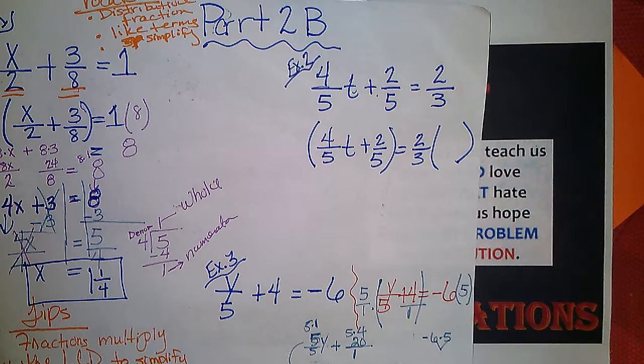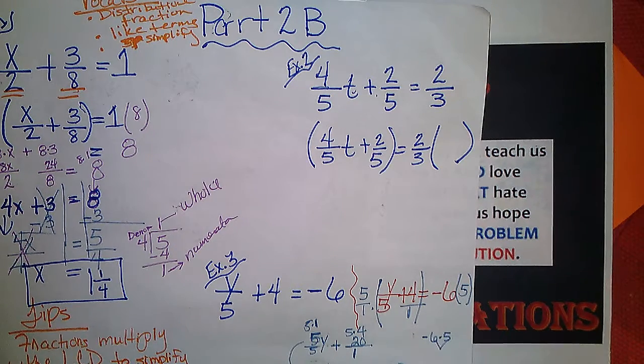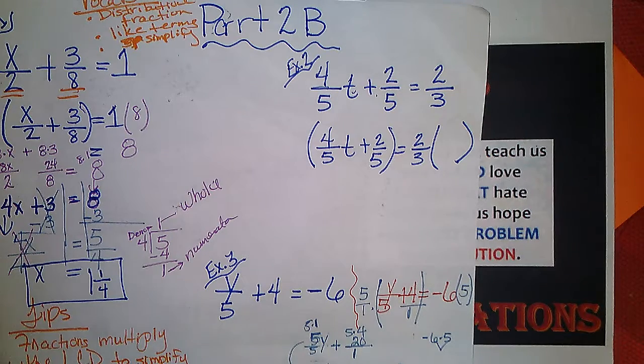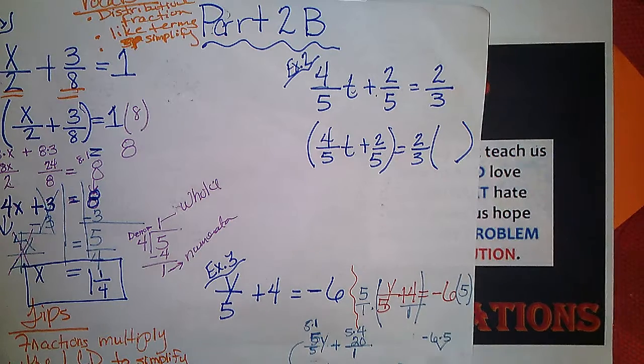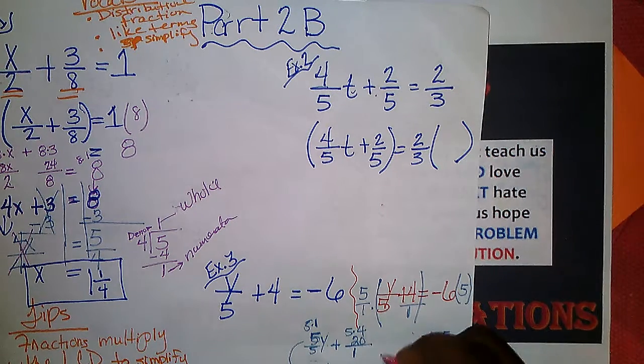All right, and so now we're back to our two-step equation. We have y plus 20 equals negative 30. To undo, we're going to do the inverse operation, which is minus 20. And if we do minus 20 there, we have to do minus 20 on this side.